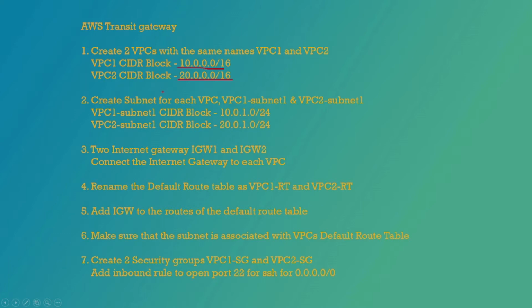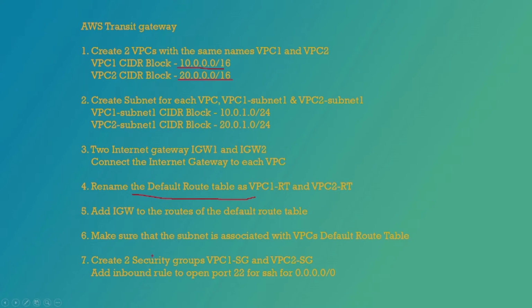And we need to create a subnet for each of the VPCs, and we have to create an internet gateway to give internet access to the VPCs. Then you need to rename the default route table. Then we need to add the internet gateway to the routes. Then we need to make sure that the subnet is associated with the VPC default route table.